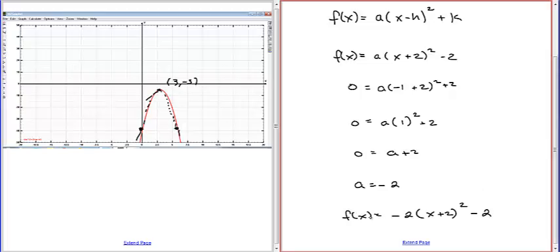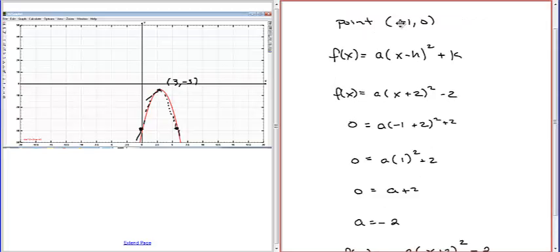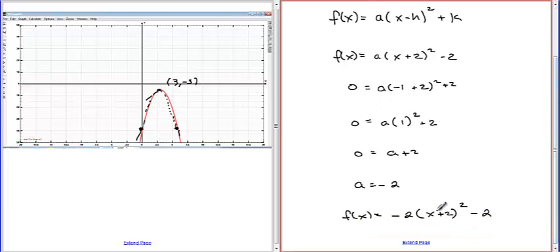And you can double check here by plugging in your x value and making sure you get the y value. It says when x equals negative 1, y should be 0. So if you plug negative 1 in here, you'll get negative 1 plus 2, which is positive 1. 1 squared is 1. 1 times negative 2 is negative 2.